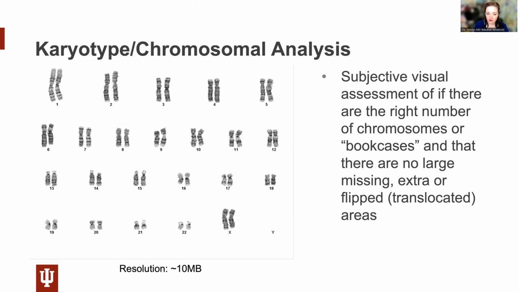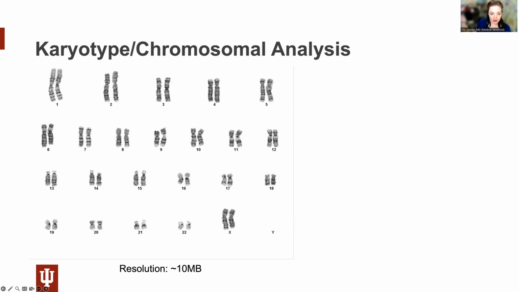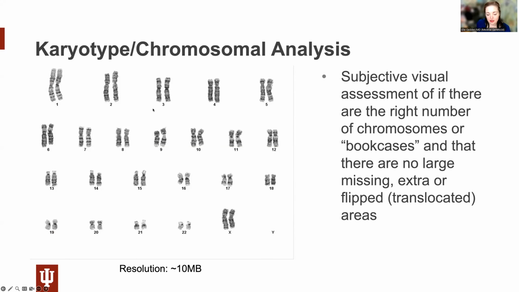And so occasionally there can be flipped bookcases where a little piece of one chromosome is flipped onto the other, and those are called translocations. But generally, this test is not the most helpful for the average patient with heterotaxy and doesn't give us a lot of insight into why a patient might have heterotaxy.